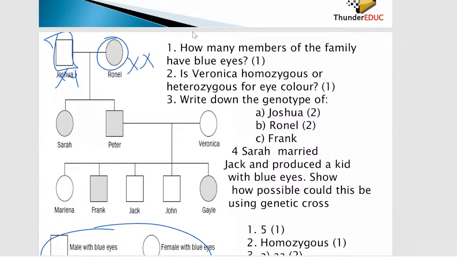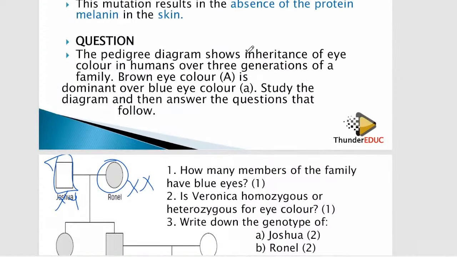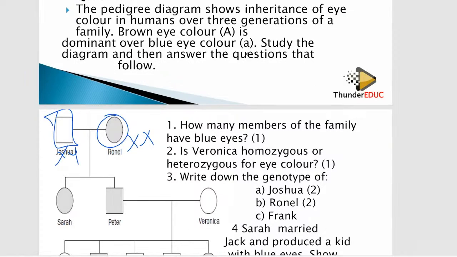When you go back here, what are they saying? The pedigree diagram shows inheritance of the eye in a human over 3 generations. Brown eye A is dominant over blue eye, and then study the diagram and answer the question that follows.